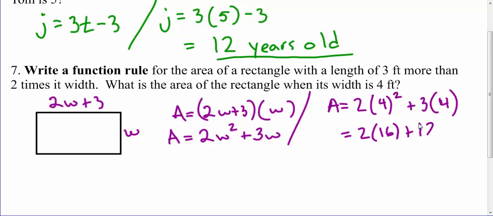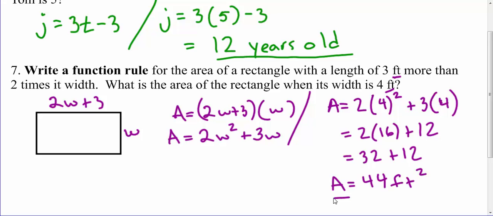I think we can handle 3 times 4 being 12. So this is 32 plus 12. So the area then is 44. Now I didn't label things over here, but I'm noticing labels on the original problem, and I should consider those. So the area is 44 square feet. Again, that's when the width is 4.